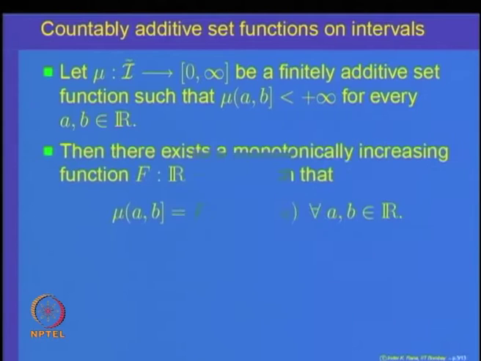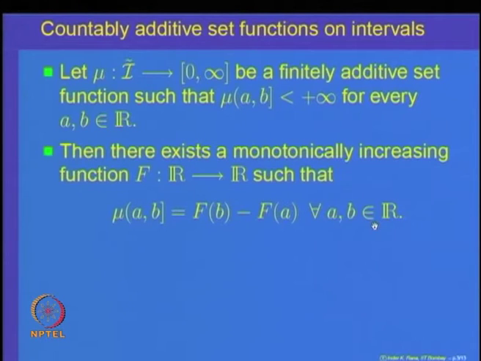The claim of the theorem is that there exists a monotonically increasing function f from R to R such that the value mu of (a, b] is given by f(b) minus f(a) for every a and b belonging to R.